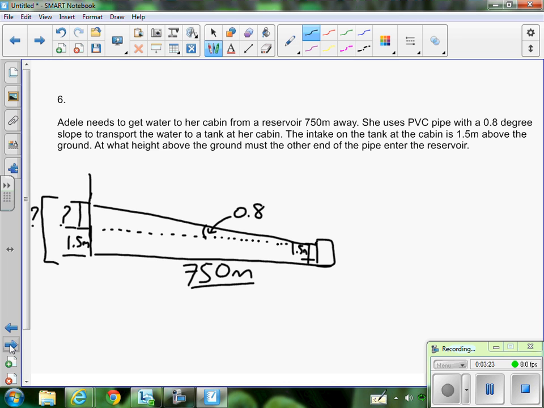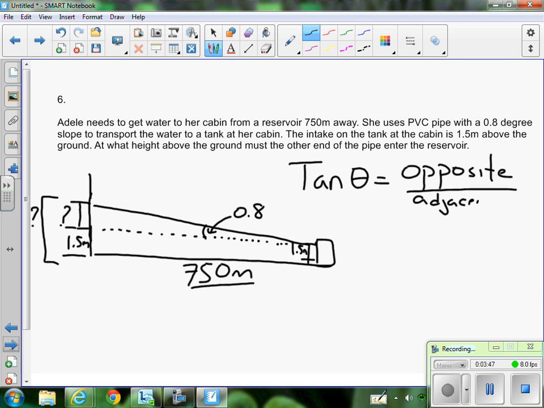To do that, I'm going to have to use my tangent formula, because I have a degree, I have an angle. So remember, the tangent of an angle is equal to the opposite side of that triangle divided by the adjacent side of that triangle.